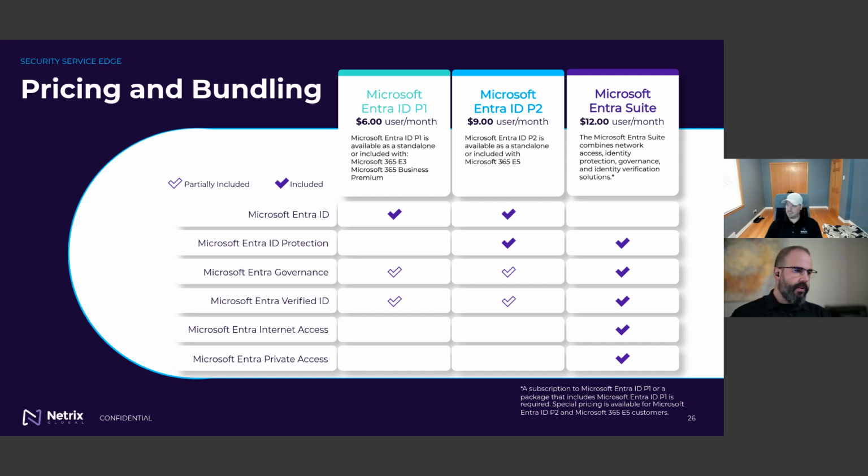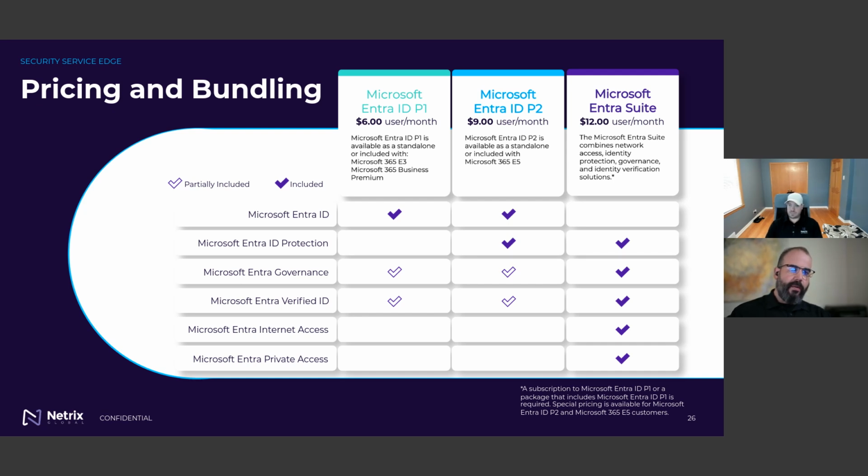I did see a question in the Q&A about whether this is included with E5-level licensing. It is not. Private access and internet access are step-up licensing, but with Entra Suite, we can combine some of these costs.